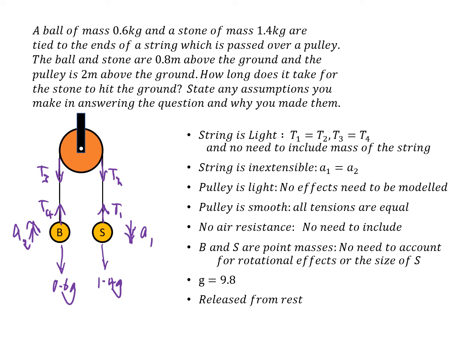How many of those did you get? They're not always brought out explicitly like that, but we make quite a lot of assumptions that simplify our model. So on the next slide, we see the diagram again, but we can dramatically simplify things.